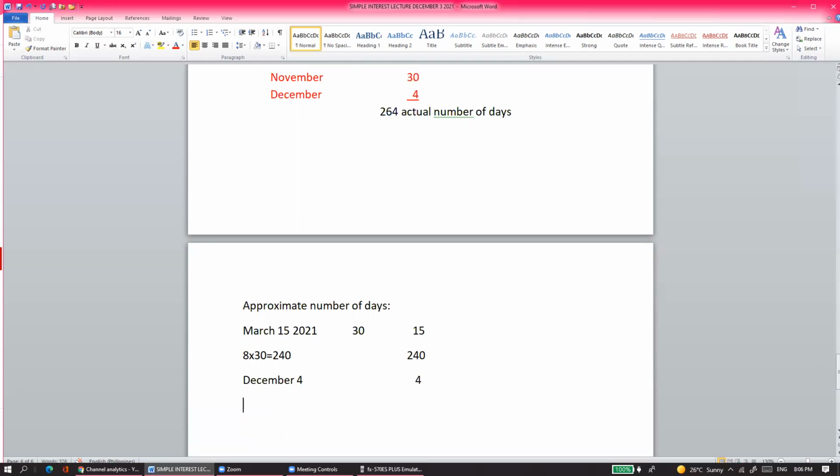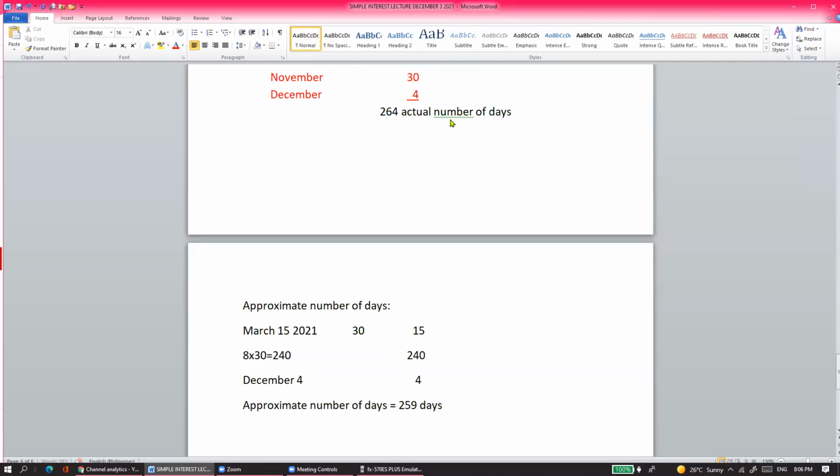And then I will add all of them. Definitely, we have approximate number of days now. So the approximate number of days equals 15 plus 240 plus 4. I think this is equal to 259 days.